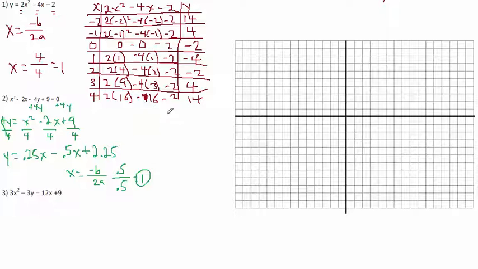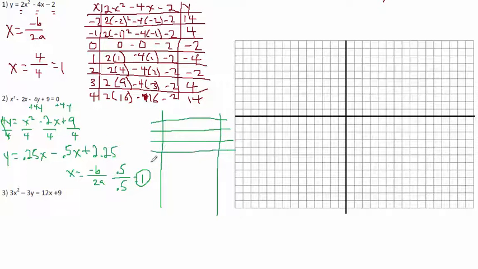All right. So once we know our turning point is 1, let's make our chart. So what is our chart going to be? We know that it is 0.25x squared.